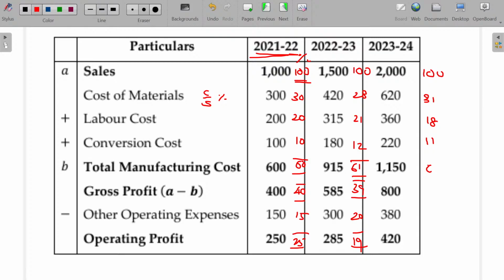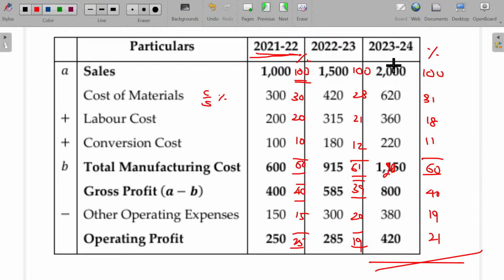What's the value here? 1150, 57.5, and here 40. I think there is some error. This is 1200, I think so. Okay, the total being 1200. Then this is 60, 40, and 18, 18 and 19, and finally it's 21%.